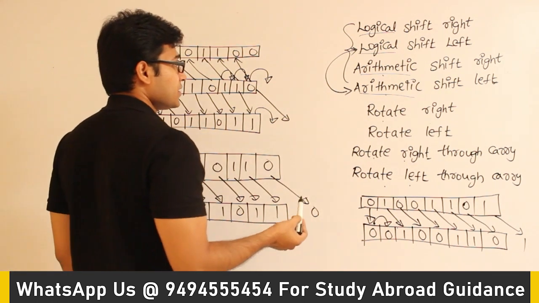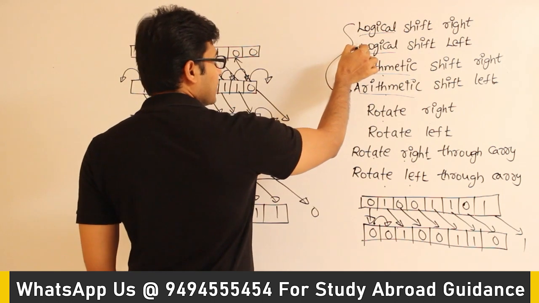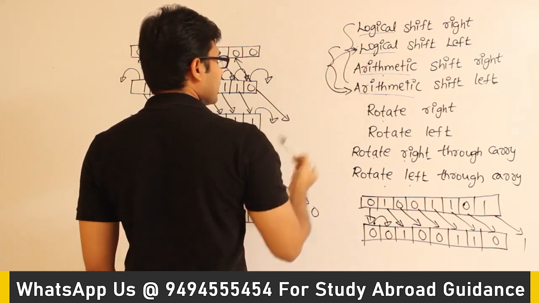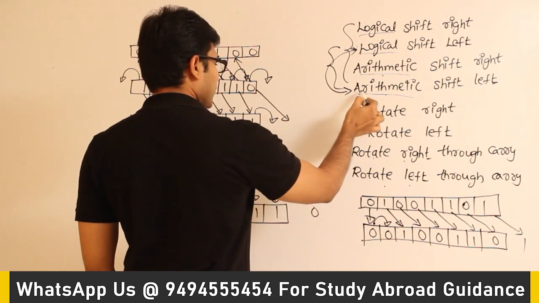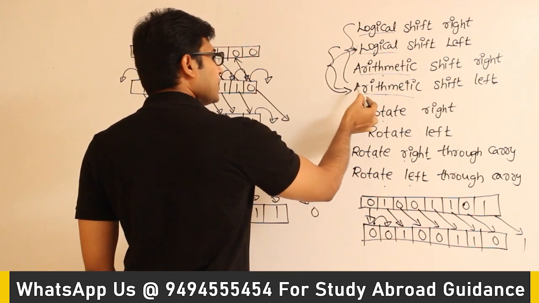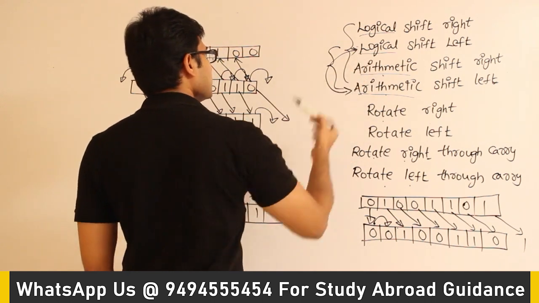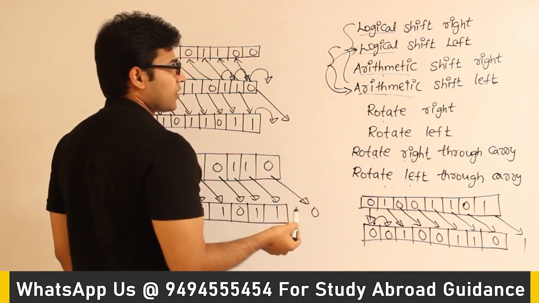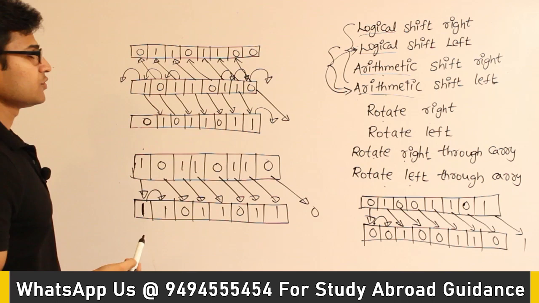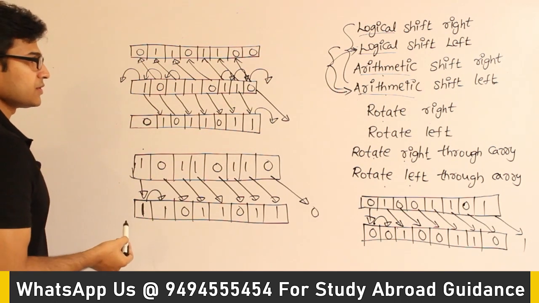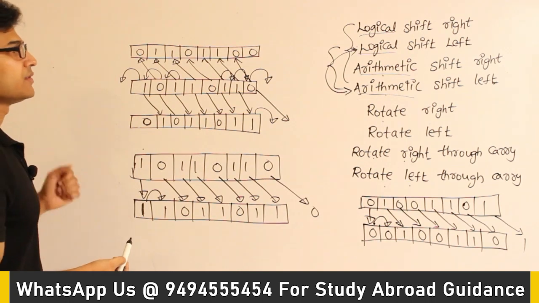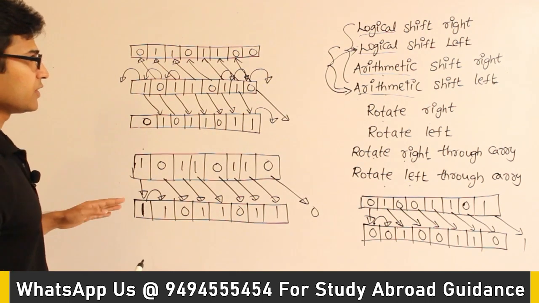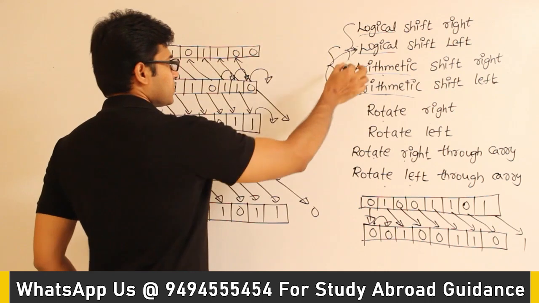In most cases we might not even have these two instructions, so they will just provide logical left shift. Whenever you want to implement arithmetic left shift, you have to use the same one, because conceptually both are the same. The meaning of both these operations is the same, and so we don't need two different circuits or two different instructions for this. So in most cases only one instruction is going to be enough.